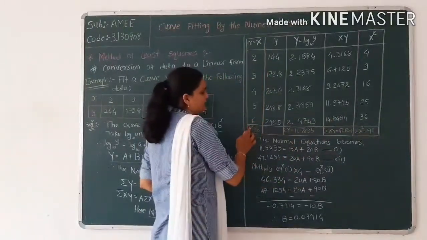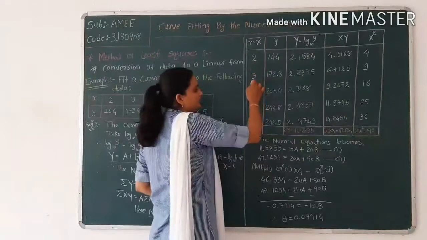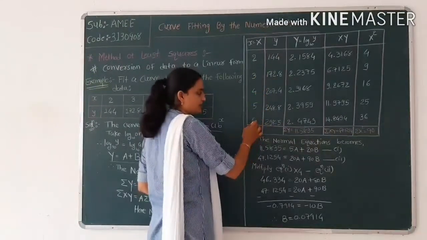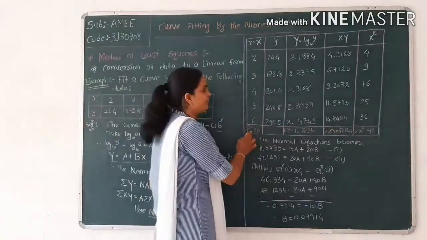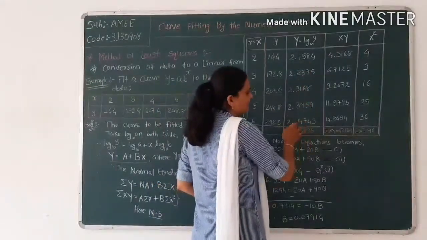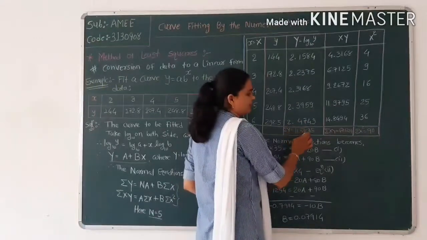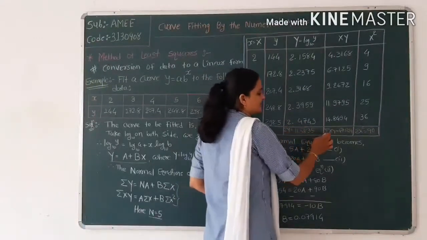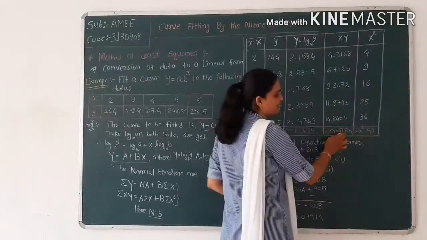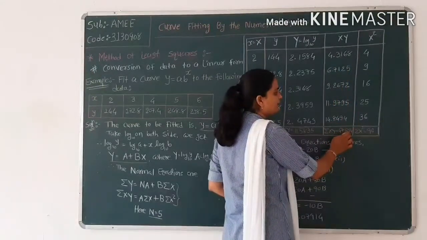Now the sum of x is obtained by adding all the 5 values, 2 plus 3 plus 4 plus 5 plus 6, which is 20. Also summation Y, adding all the 5 values, we get 11.5835. Summation XY, adding all the 5 values, we get 47.1254.